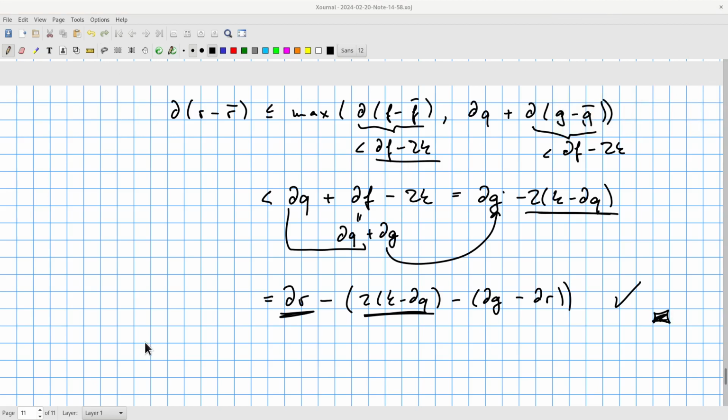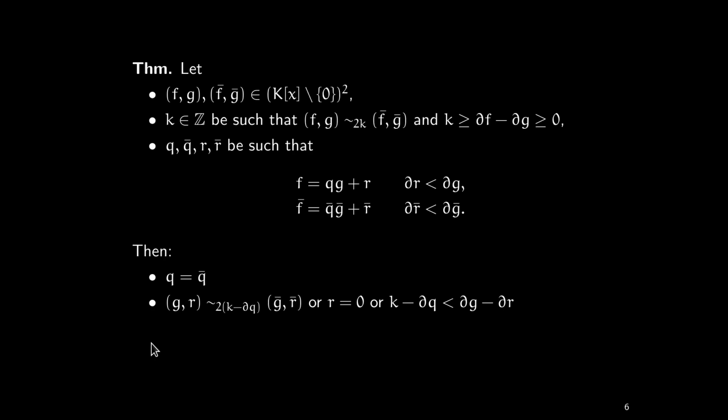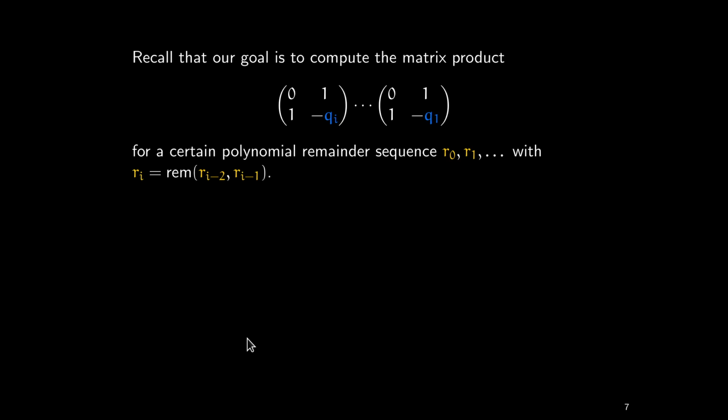And let's go back to where we came from and what we wanted to do. Our goal was to compute this product of matrices for a certain polynomial remainder sequence.